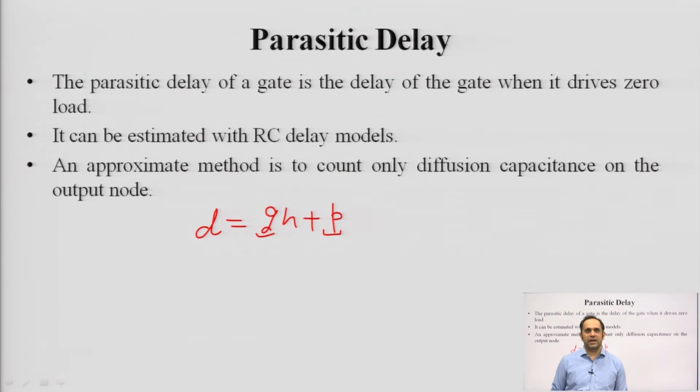So if the driving gate is not driving any load, not charging or discharging any other capacitance, we say that it is a no load condition. To estimate this parasitic delay, we consider the diffusion capacitance at the output node. Wherever the output is being measured, if you disconnect the load, whatever diffusion capacitance is present at that output node is basically a measure of parasitic delay.